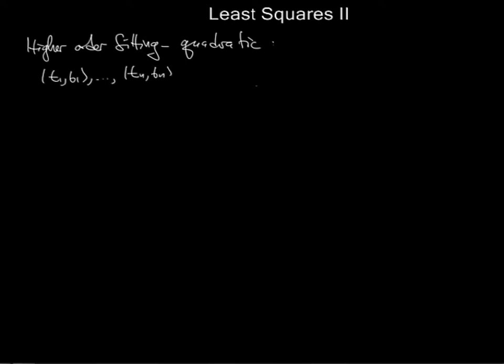Okay. In any event, there's no reason you have to limit yourself to fitting a line. We could do quadratic fits as well. That is to say, suppose I gave you these n data points and I thought that they fit on a parabola.